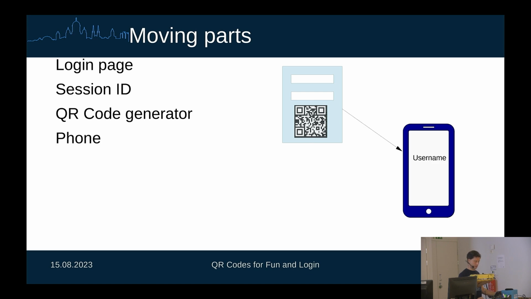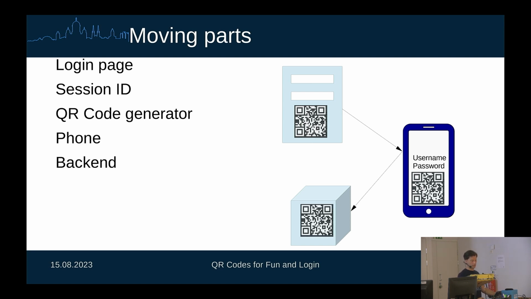And the phone carries the username and also the password from the installation, and it picks up the session ID from the QR code and sends that session ID back to my server, and the server then logs in that session ID and tells the browser again that it's good to go, and now my session on my laptop is also logged in because, yeah, the machine trusts me because I supplied the username from my phone.